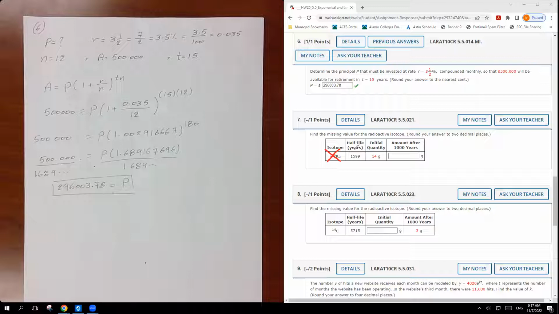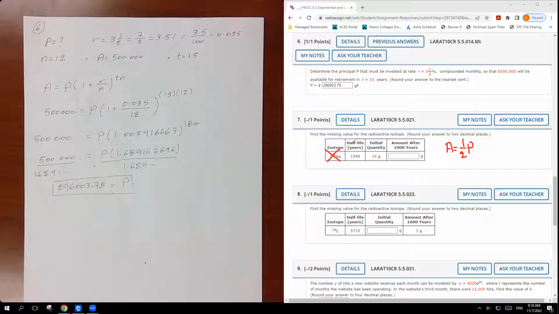Half-life years means the future is going to be half the initial. That means the element is going to decay, not grow. Your future amount is always going to be less than the initial.